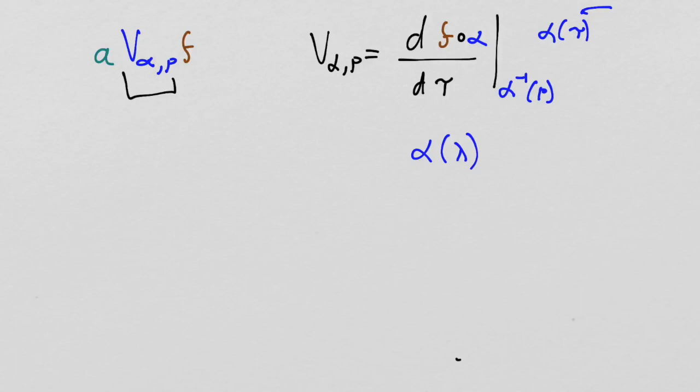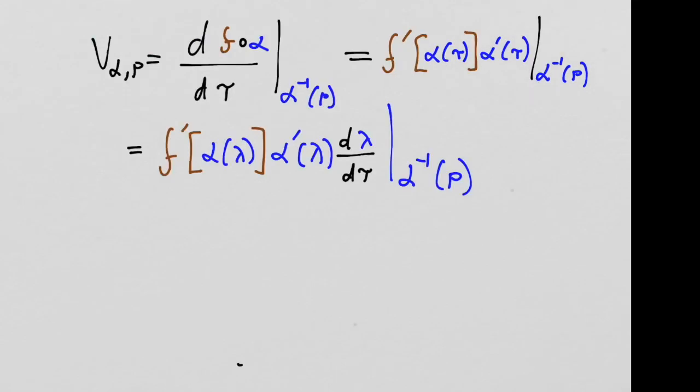Well, if we did that, how would that affect this definition? If now alpha is no longer a function of tau, it's a function of lambda, well, we apply the chain rule. And the chain rule would make things look like this. First, blowing this up using the chain rule gives us this expression here.